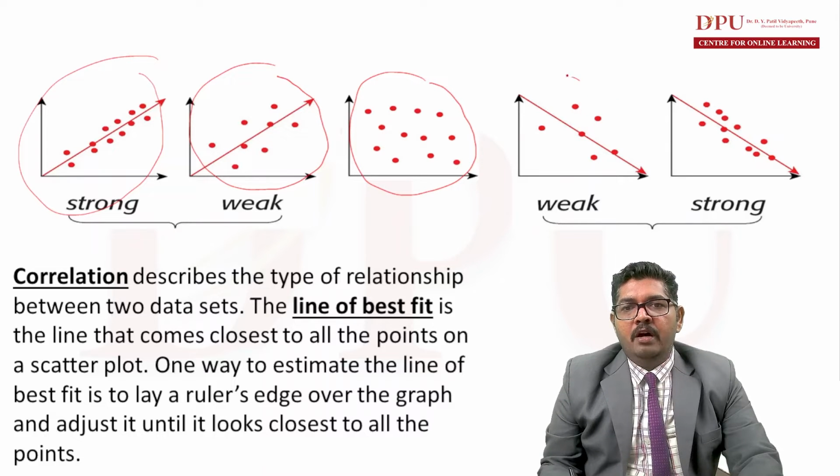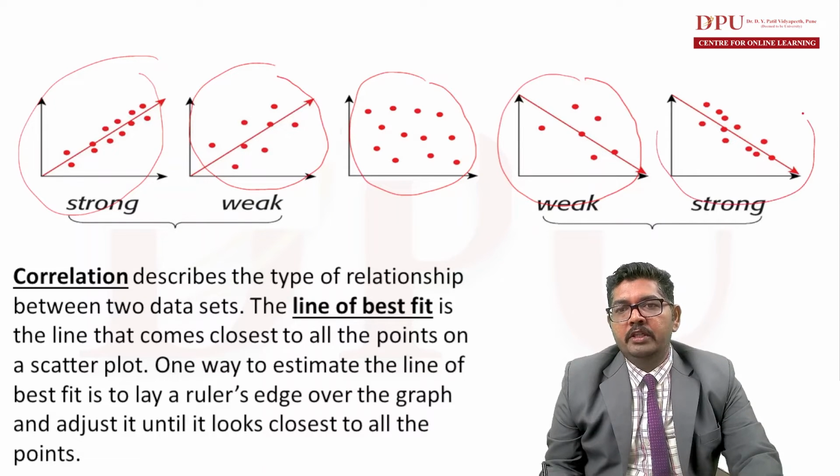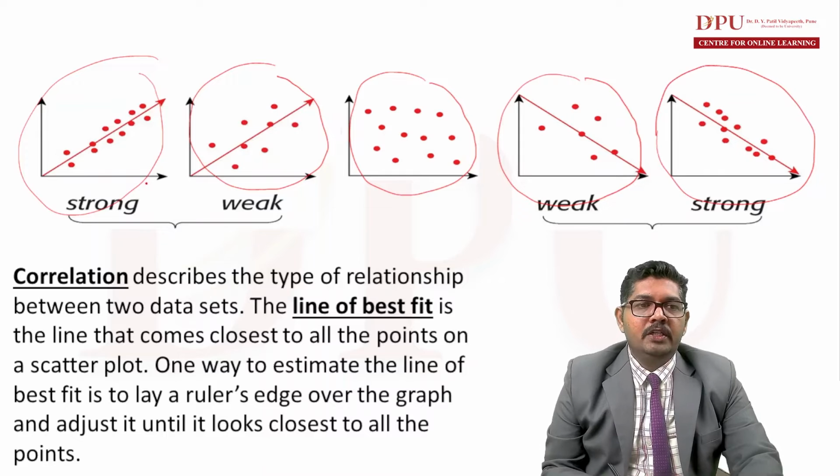From this particular diagram, we can say that there is a weak negative correlation, because when we draw a line passing through all these points, we get a line which is downward sloping. That's why this is a negative correlation. Again, this is a strong negative correlation in the last diagram. In the first scatter plot, we have a strong positive correlation, because if the value of x increases, the value of y also increases.